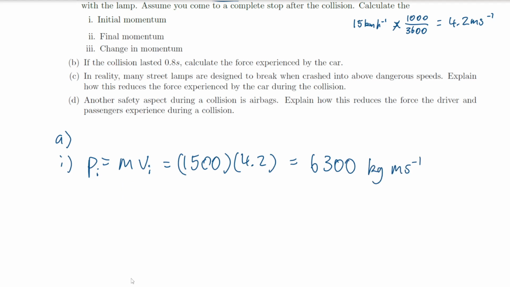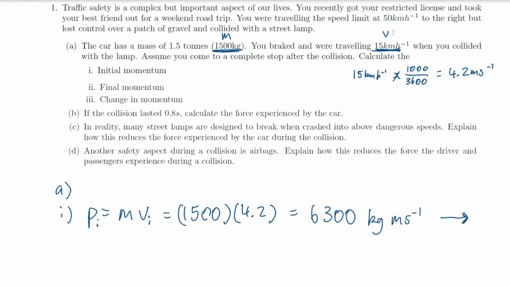So kilogram meters per second. And is momentum a scalar or a vector? Since it depends on velocity, it is actually a vector, so we will say to the right, because the velocity was to the right. Okay, so we found our initial momentum, both magnitude and direction.